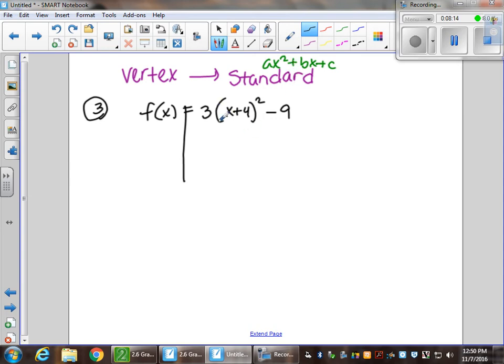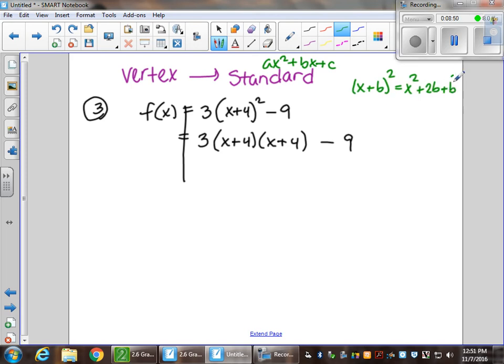Well, let's see. I know that I can write this as 3 times x plus 4 times x plus 4, minus 9. I know that I need to work with this first. From the last section, if we remember our rules, if I have x plus b squared, that's x squared plus 2bx plus b squared.